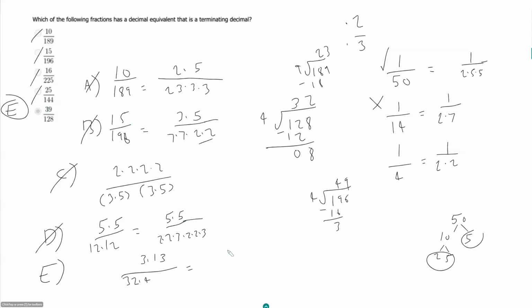But 32 is 2 to the 5th, and then 4 is just 2 squared. So we're left with 3 times 13 all over just 2 to the 7th, a bunch of 2s. So we got only 2s in our denominator. So that will be terminating, and E is our answer.